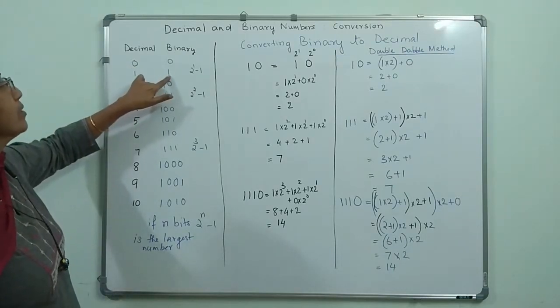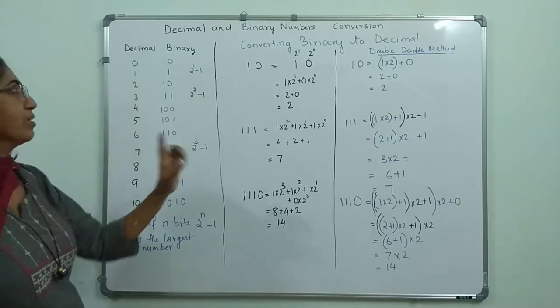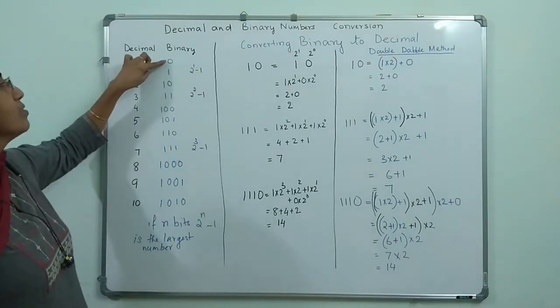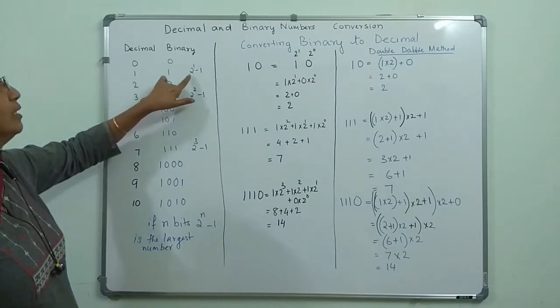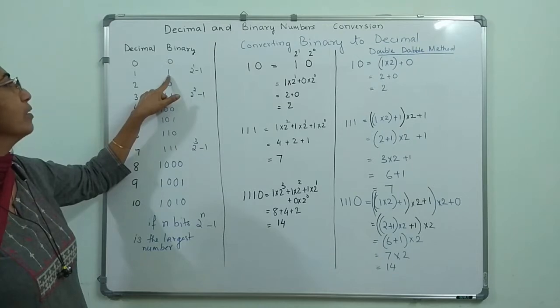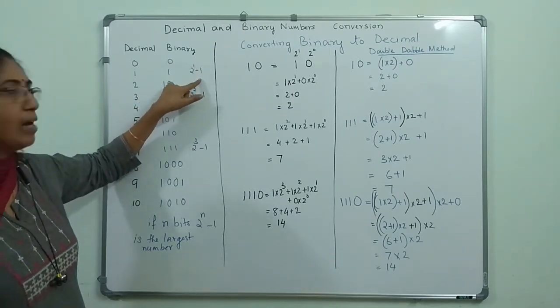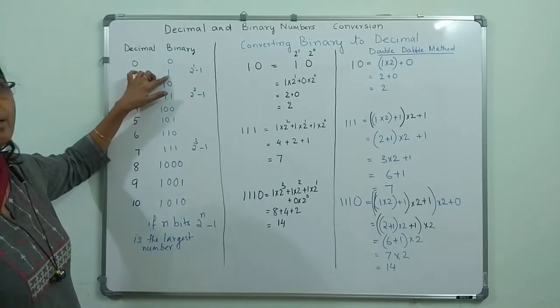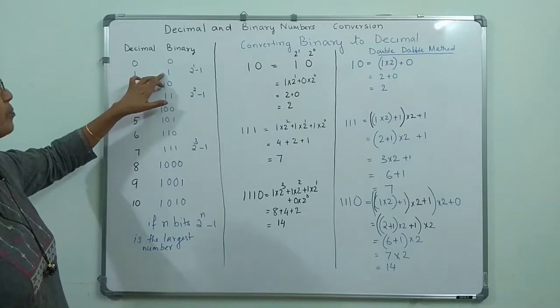So the maximum value for that will be 1. It is binary, which means the base is 2, and 1 bit is there. So 2 raised to 1 minus 1 is the maximum value corresponding to a 1-bit arrangement in which you can accommodate the maximum number.